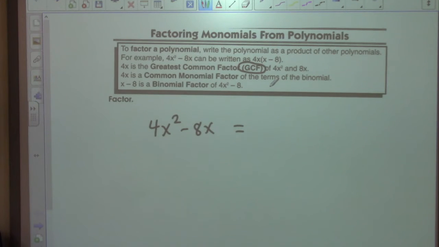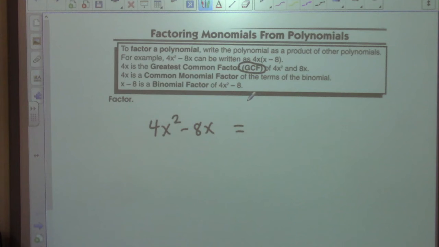GCF, greatest common factor. Here they give us an example problem: 4x squared minus 8x. In the factoring process, finding the greatest common factor is your first step. You don't want to do anything else first.